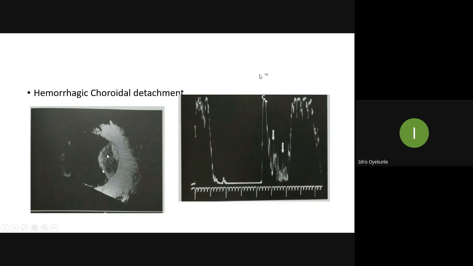Then if it's due to hemorrhage, you will see the presence of sound attenuation, as the sound passes through the hemorrhage into the choroidal detachment here. So it shows as these moderate to low decreasing reflective spikes seen here.